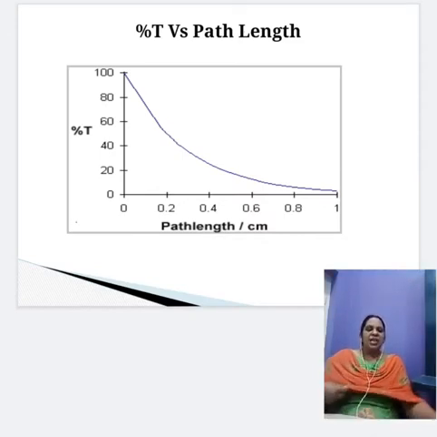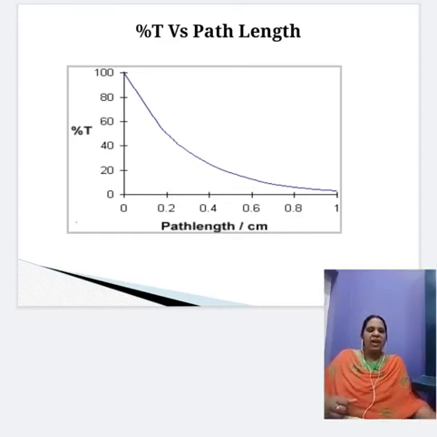Path length is nothing but the thickness of the material through which your radiation is being passed. When the radiation is passing through a thicker material, what happens? The radiation will be absorbed by the material, and very little will be transmitted. So when the absorbance is more, transmittance becomes minimum.